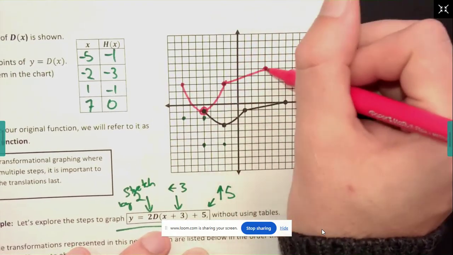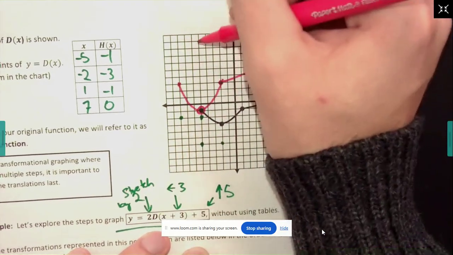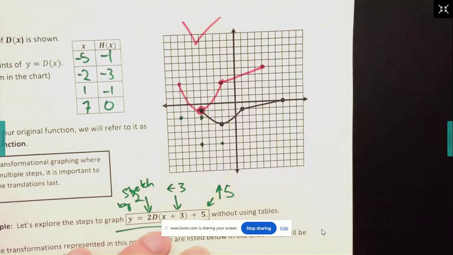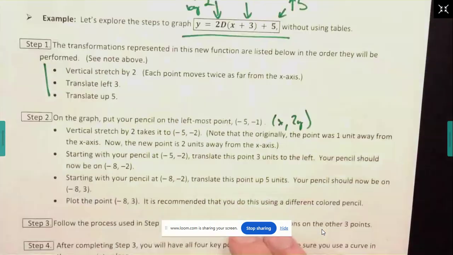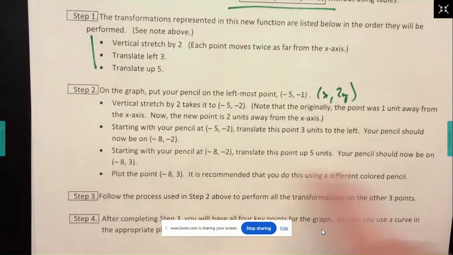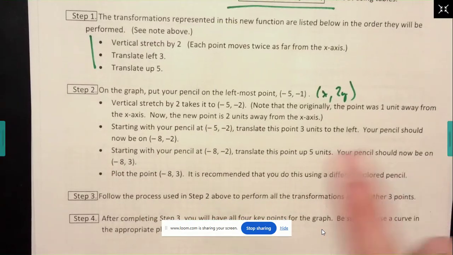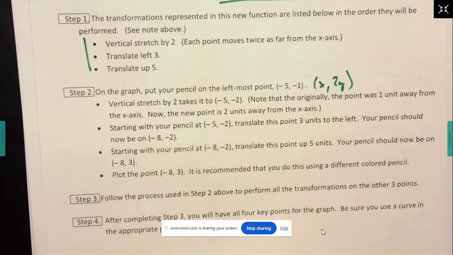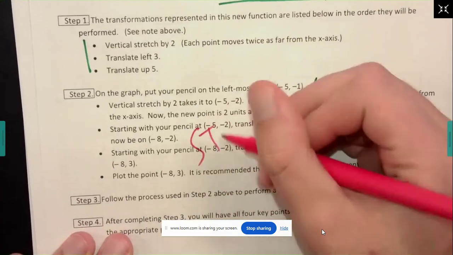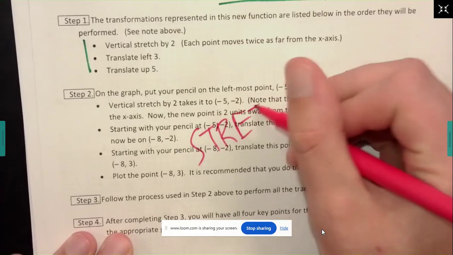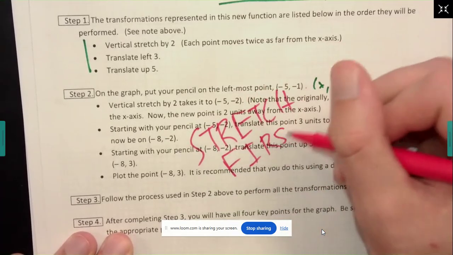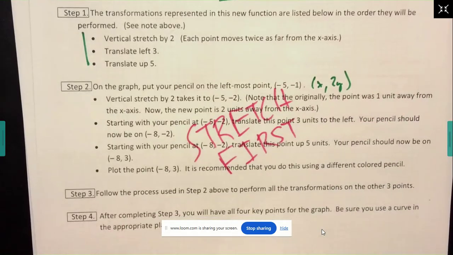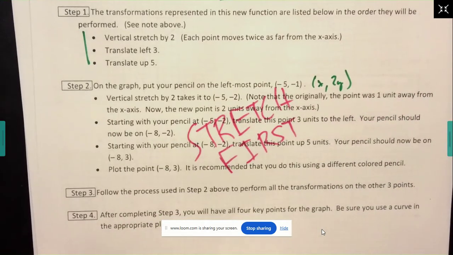Don't do one of these things. You got to keep the curve. All right, so I can apply this process to all of my points, right? But I need to stretch first. Stretch and flip first before you move it left, right, up, or down.